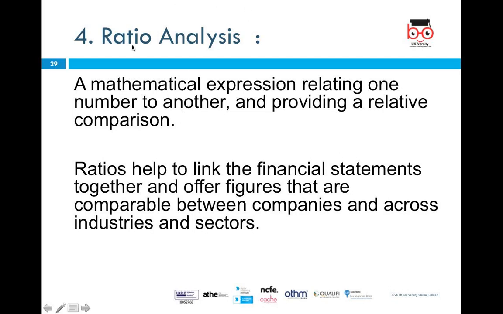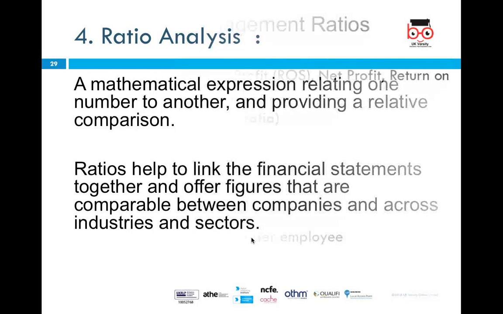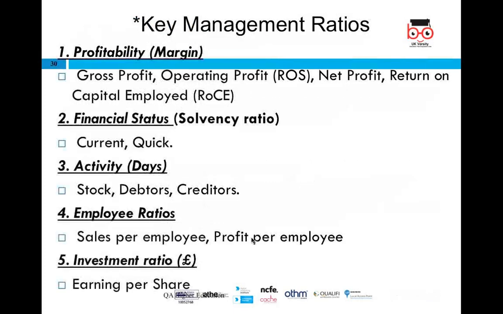So the figures come from those financial reports, and then we can do the ratio analysis to see the company's financial position. These ratios help to link the financial statements together and offer figures that are comparable between companies and across industries and sectors. So let's see what kind of ratios are used by management accountants.